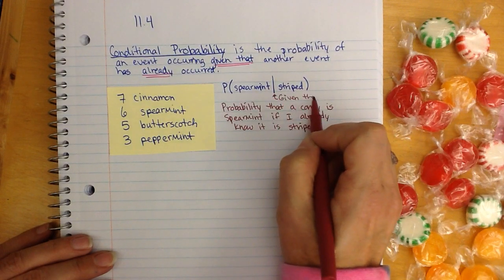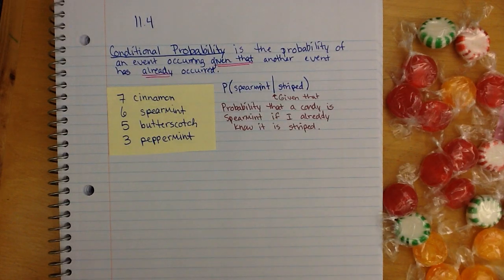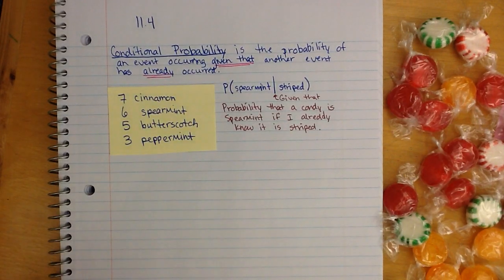So we're going to make the assumption that the candy that I've drawn is striped, and I want to know, if I draw a candy that I know is striped already out of this pool of candies, what's the probability that it is a spearmint candy?